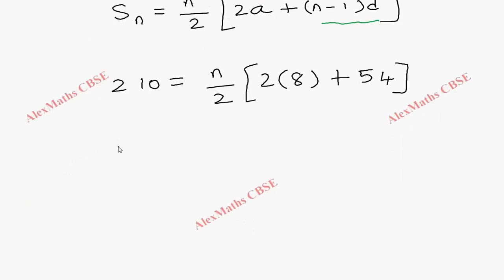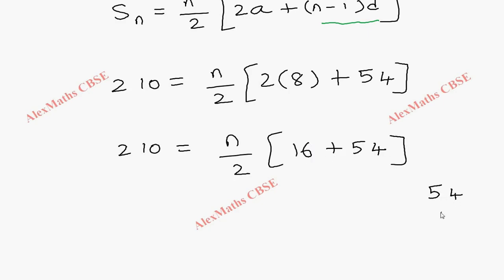Now this becomes 210 equal to n by 2 into (16 plus 54). We are going to add 54 and 16. 6 plus 4, 10. 5 plus 1 plus 1, 7. So totally it is 70.